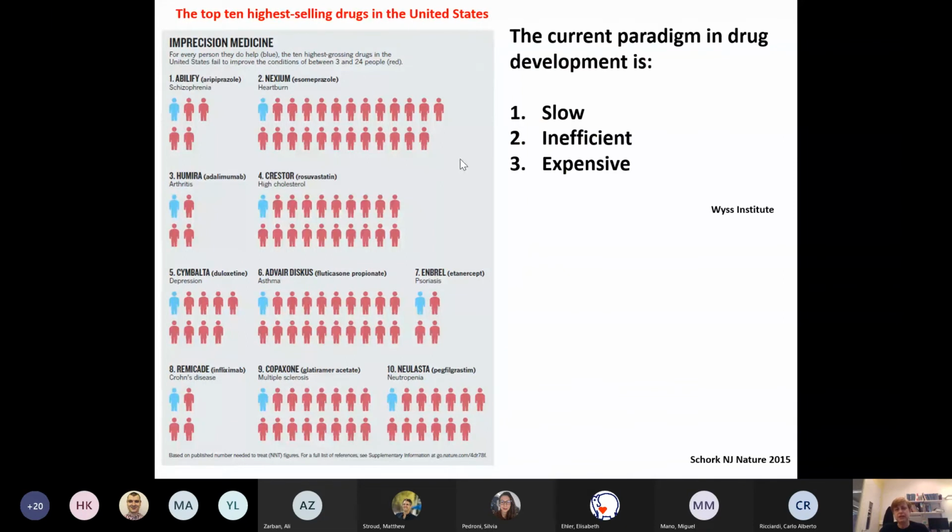So the current paradigm in drug development is slow. The Wyss Institute would state that it takes about a decade from the lab bench to the market. It's inefficient. Less than 10% of new compounds end up in the market. And it is also very expensive, about $3 billion for any new compound that enters the market.